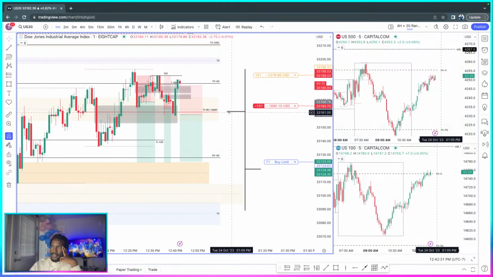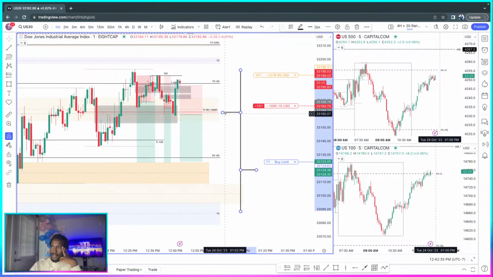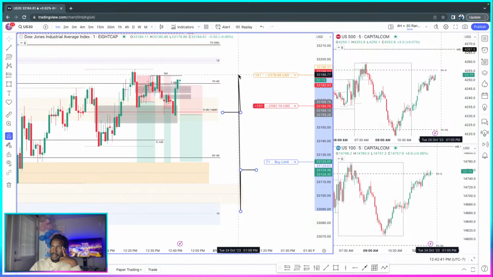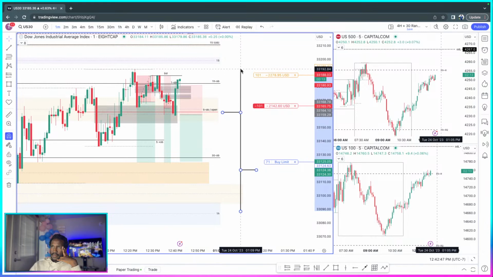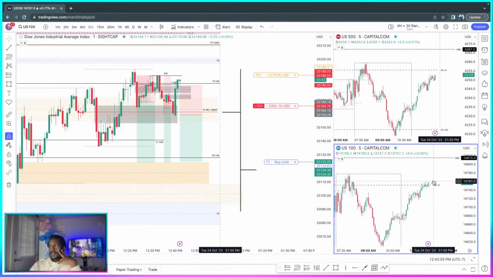So this concept is not going to be coming alive today, because what we did is, this is where we opened and we came down a little bit, but now it's going back up. And my stop losses are way over here. So this is currently what we're looking at. Everybody else is going up.